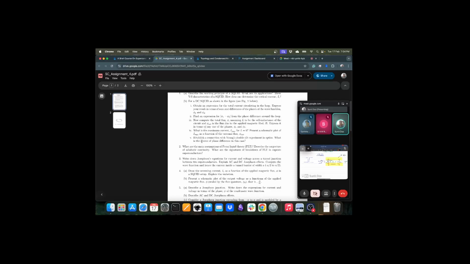Lambda is essentially the London penetration depth here. What it physically means is that I have applied an external magnetic field. The external magnetic field is definitely finite here, but it can also penetrate up to this length. That's the physical interpretation of lambda. And the thickness of this insulating or normal region is T, let's say.